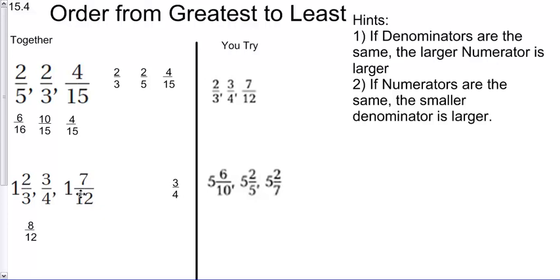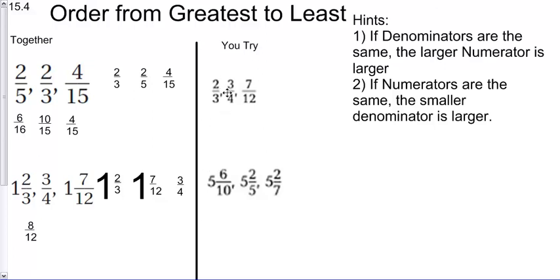So which one's bigger, 7/12 or 8/12? If you said 8/12, you're right. So 1 2/3 is the largest. And then I have 1 7/12. So here are those fractions in order from greatest to least.